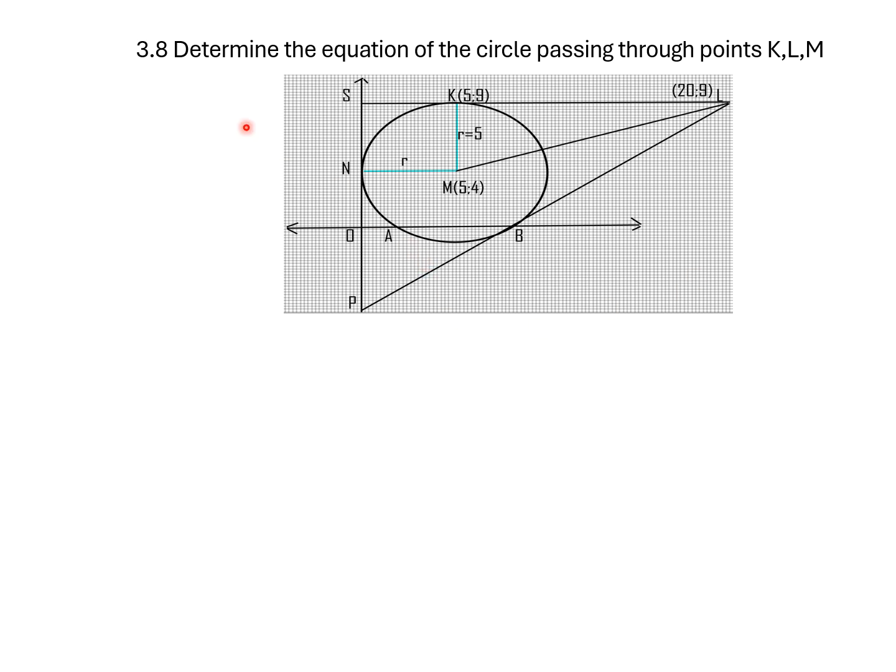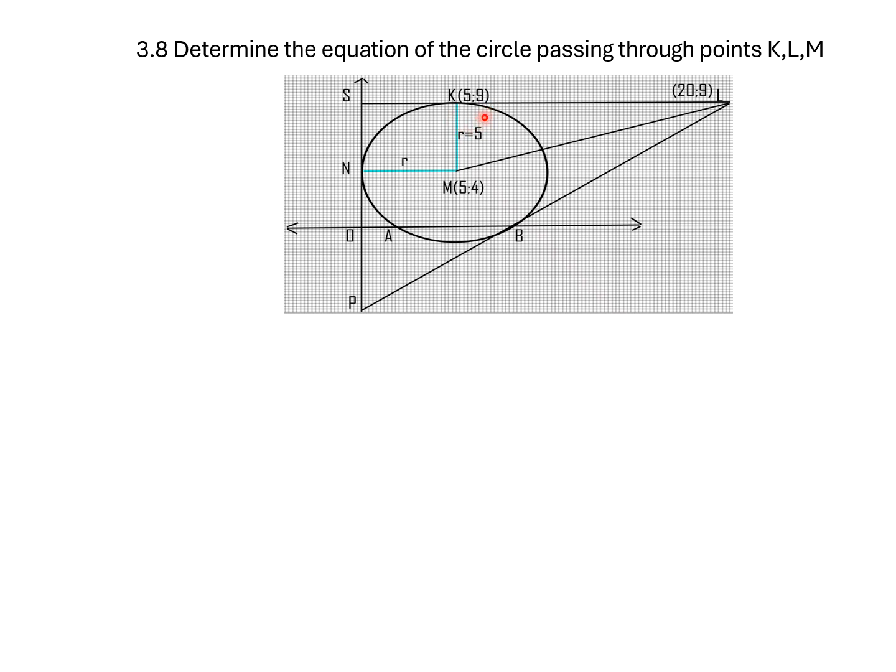Right, now the next question: determine the equation of the circle passing through points K, L, M. This is a favorite question, so follow very carefully. If you follow, you'll understand. So first, if we look at KLM, I know MK is a radius. I know SKL is a tangent. Radius and tangent meet at 90 degrees.